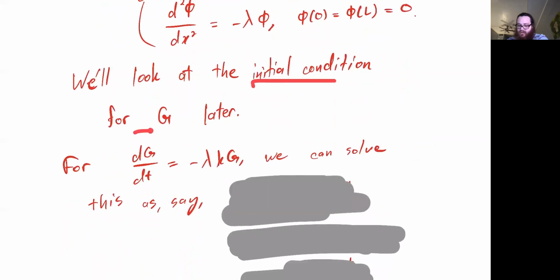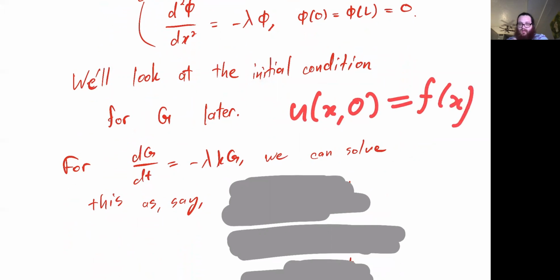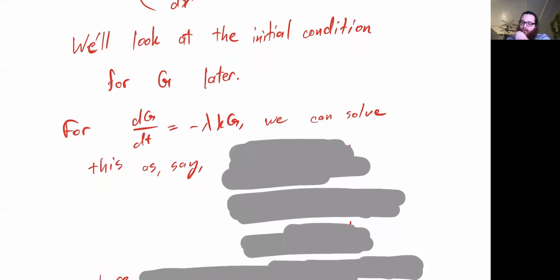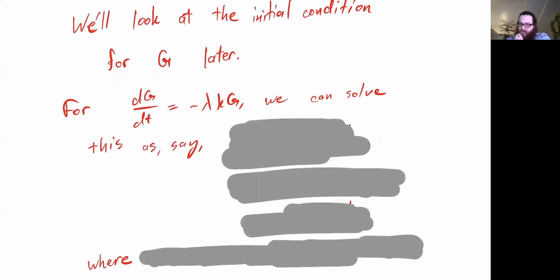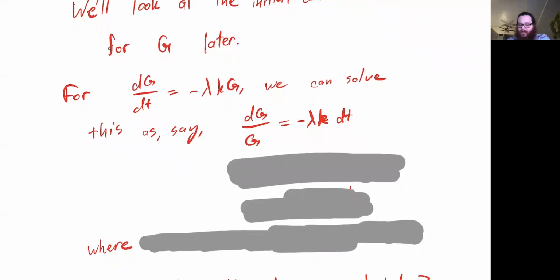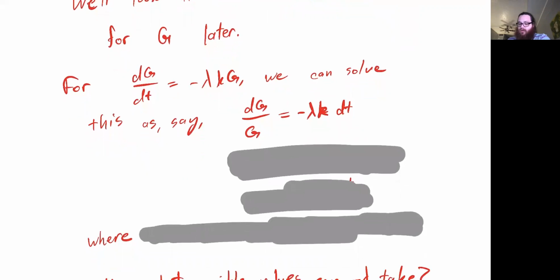And the initial condition for G, which comes from u of x, 0 is equal to f of x, we'll deal with later. But we can start to solve these ODEs. For dg/dt equals minus lambda k g, we can rewrite it a little to get dg over g equals minus lambda k times dt.